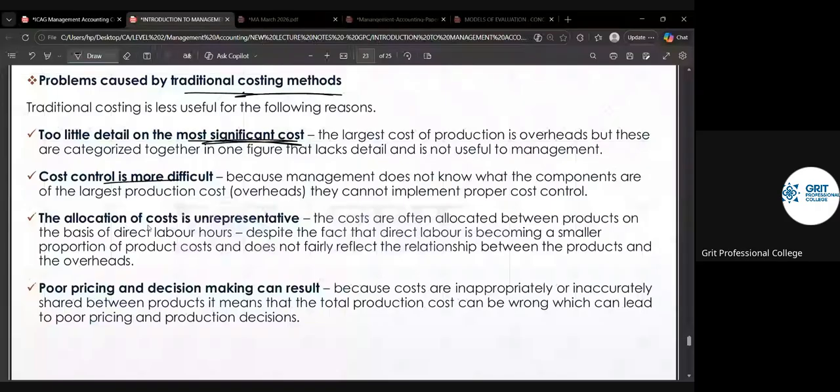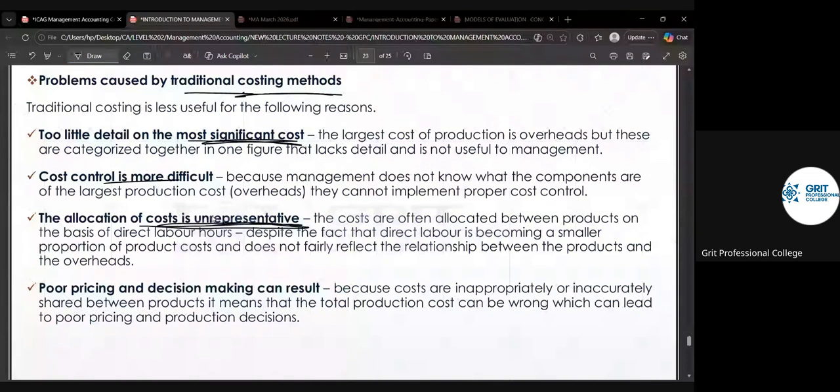In allocating costs, it may be unrepresentative, because for many companies nowadays, because of the way they've modernized their operations, they make less use of labor or manpower or labor hours.